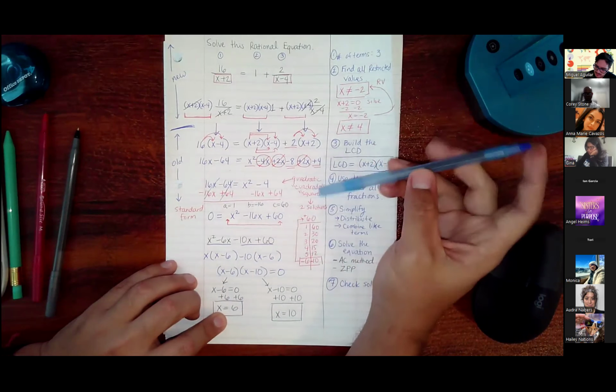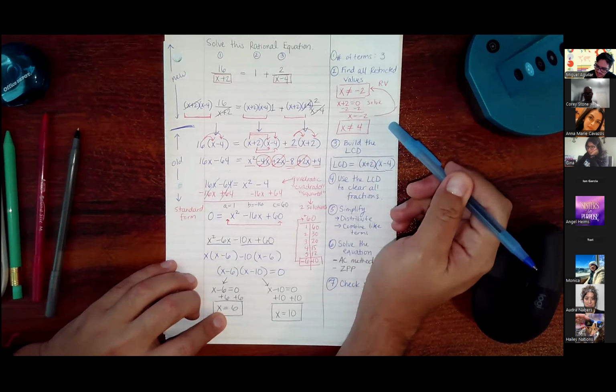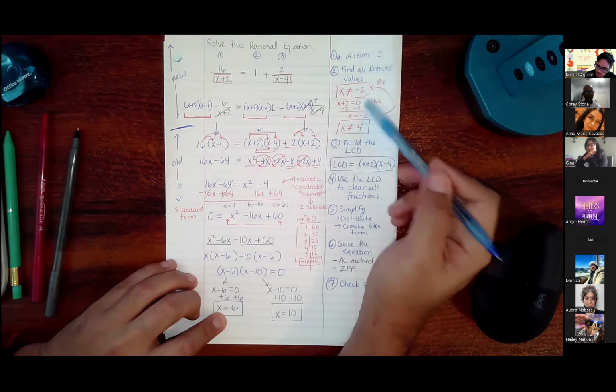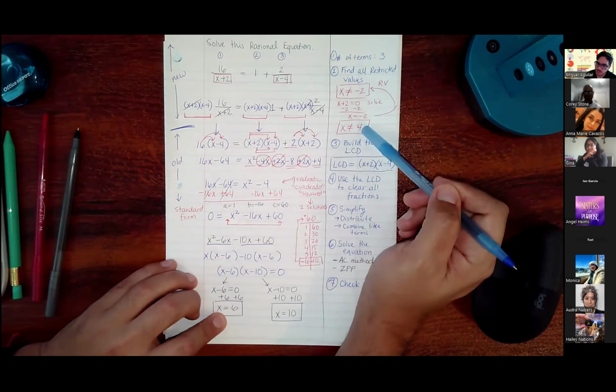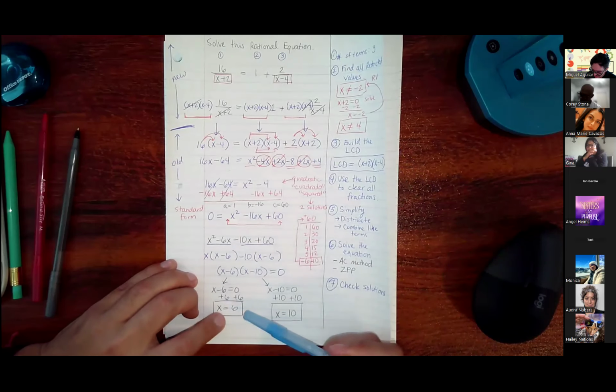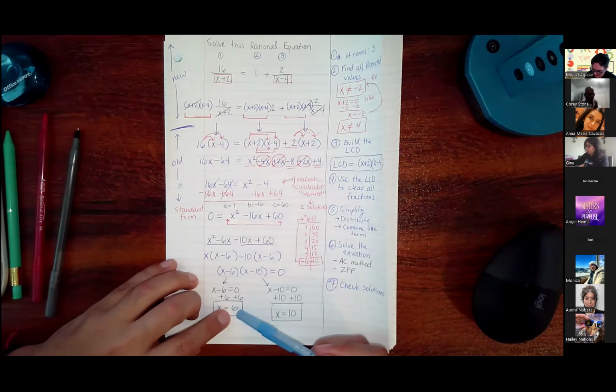And what I mean by that is, what were the restricted values that we found at the very beginning of this problem? Negative 2 and 4. So these are the only 2 numbers that can't be solutions. If we got something different, then that's valid, right? This 6 is not a -2 or a 4, so it's not restricted.